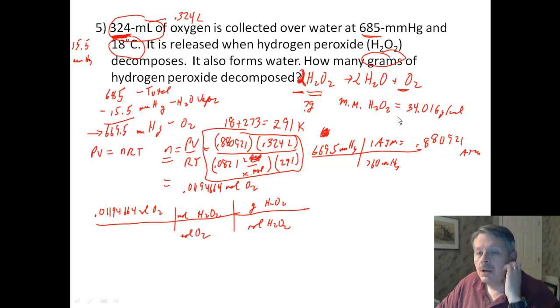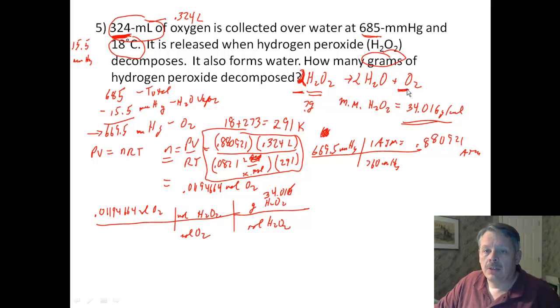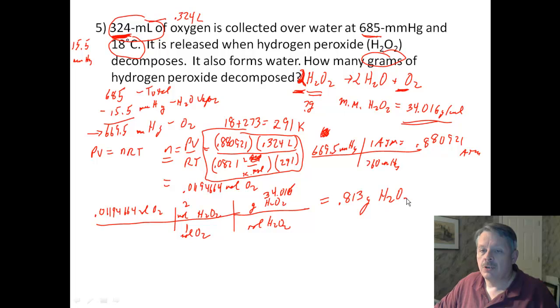I figured out my molar mass up here of hydrogen peroxide, which was 34.016 grams per mole. And I can tell that 1 mole of oxygen gives me 2 moles of hydrogen peroxide. So I do the math out here, and I get 0.813 grams of hydrogen peroxide.